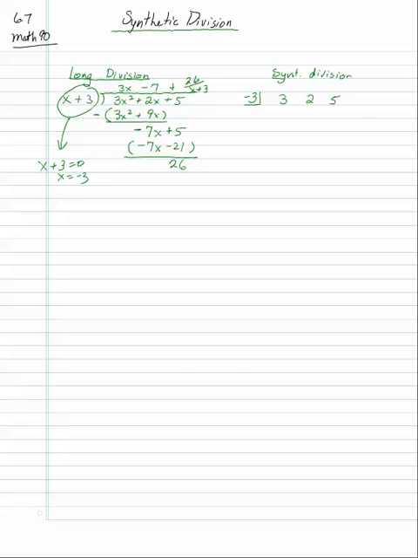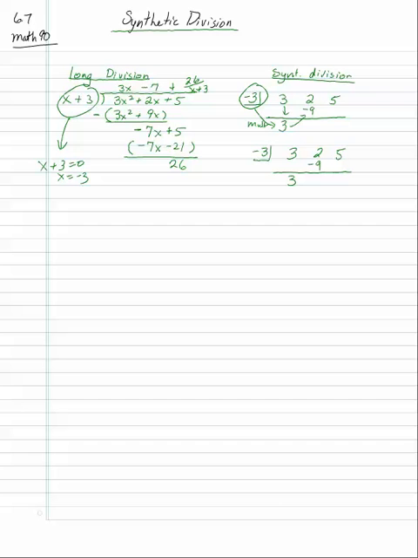And what we do is we're going to bring the first term down, and then you're going to multiply the negative 3 times the 3 and write your answer there.